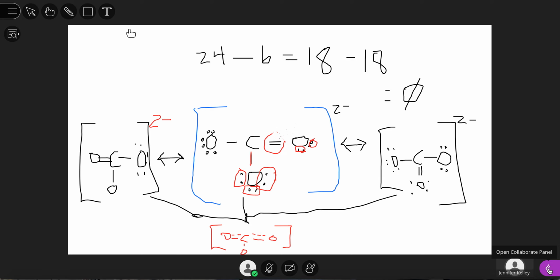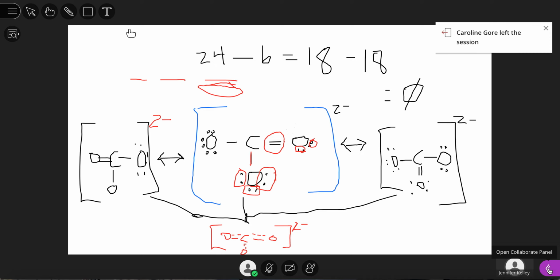So the hybrid structure is just saying there is resonance in all the places that I have dots. So instead of there being 2 single bonds and 1 double bond, you have a 1 and a third bond on each one of those, because you have 3 of these and 1 is doubled.